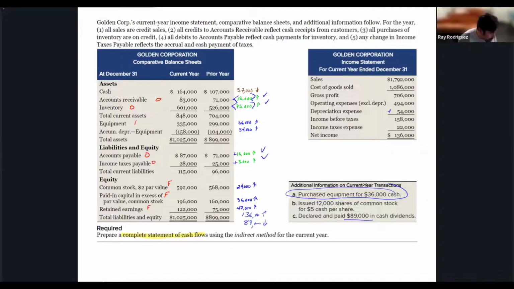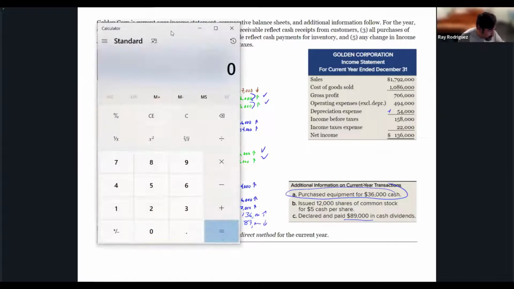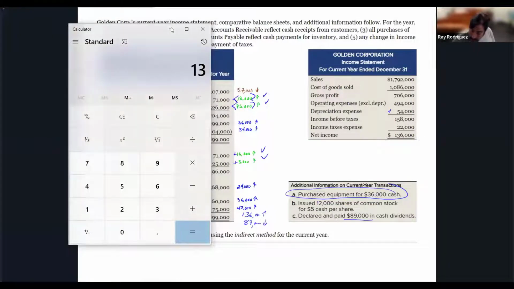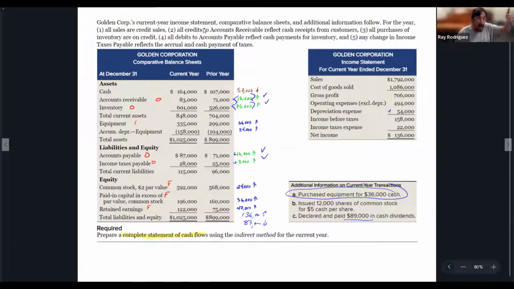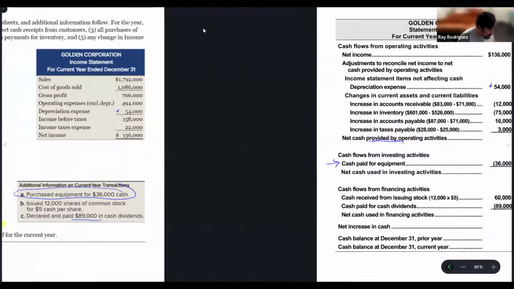So those two numbers net together to be 47,000. 136 minus 89. 47,000. So that explains the $47,000 increase in retained earnings. It went up by 136 for net income, and then it came down by 89 for dividends paid. Dividends paid is going to be a financing adjustment.